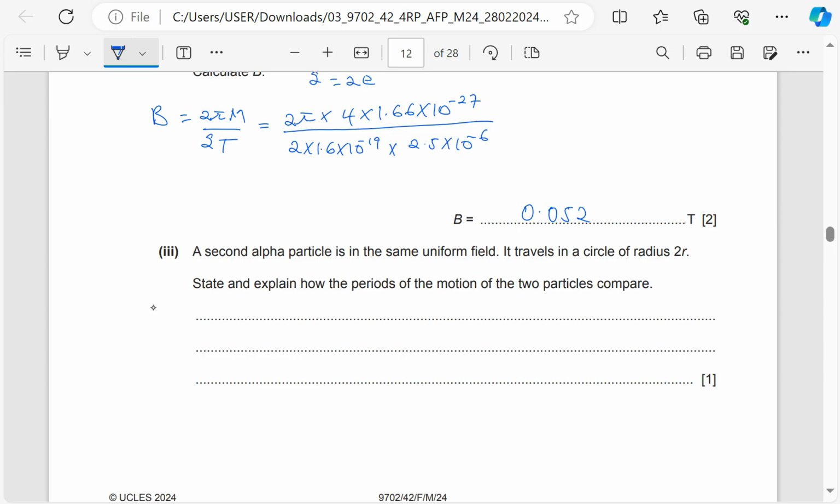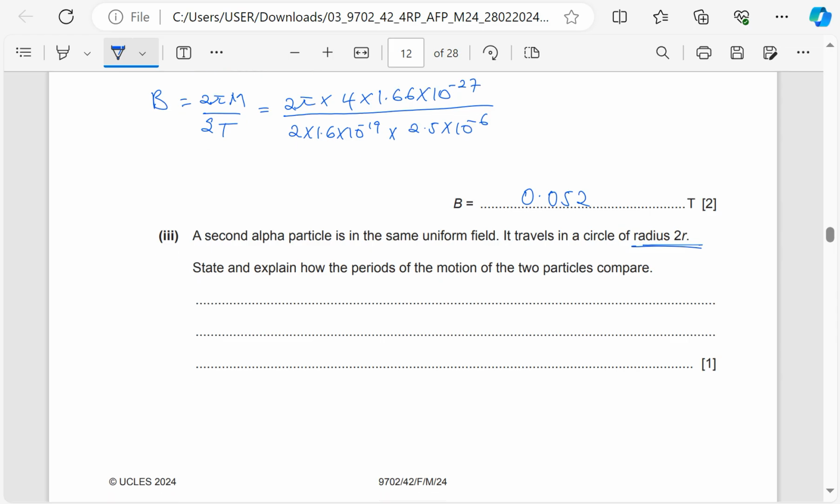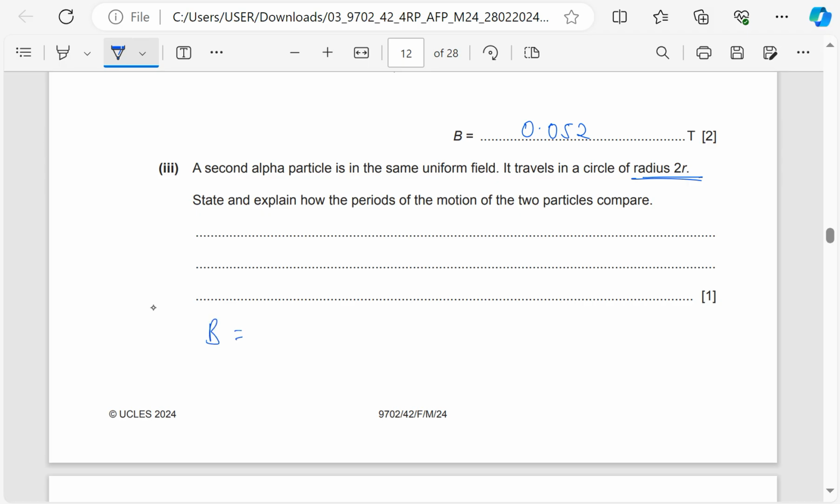A second alpha particle is in the same uniform field. It travels in a circle of radius twice r. State and explain how the periods of the motion of the two particles compare. When I look at the expression B equals 2 pi m over qt, it is in the same field, which means B is constant. It is still an alpha particle, which means m is constant. It is still an alpha particle, which means q is constant.